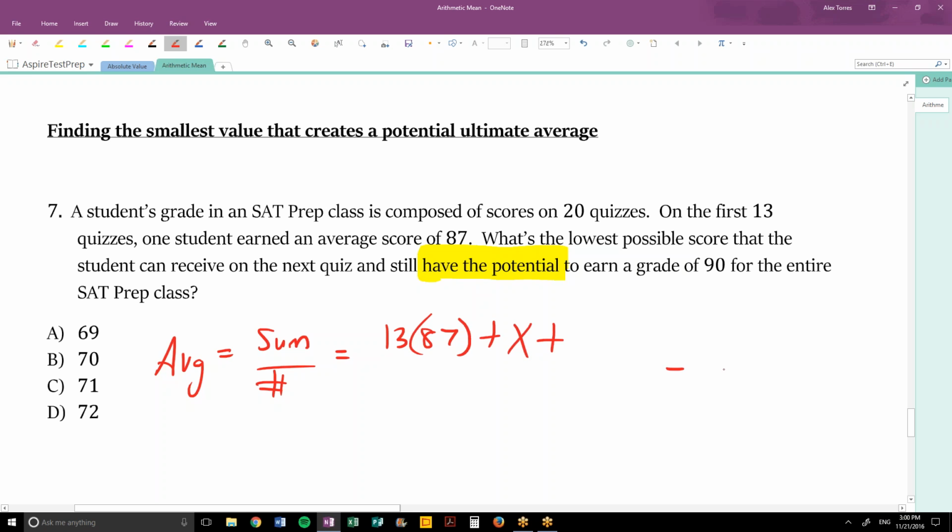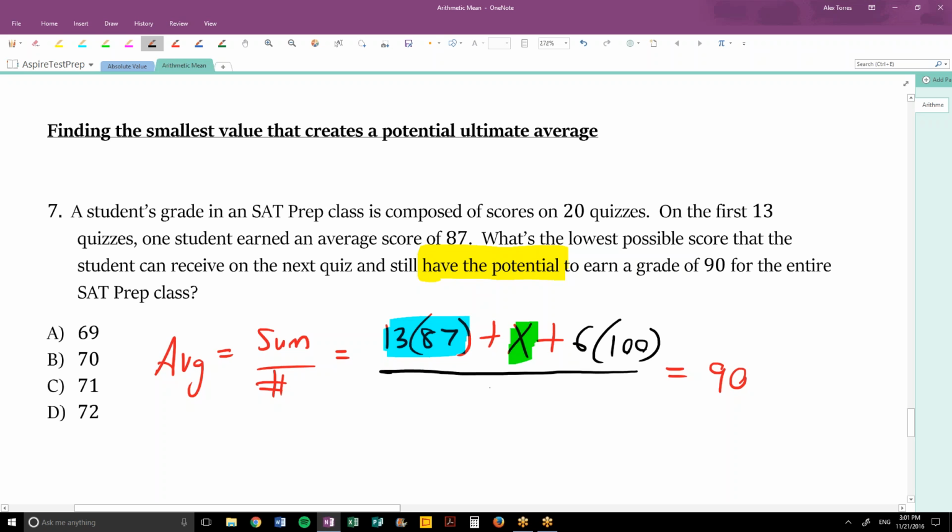Well, this whole thing is going to be equal to 90. But so far we talked about 13 tests here and one more test here, so we're up to 14 out of a whole 20, which means that there are 6 more tests where we have to imagine that we're getting a 100. Because like we said before, if we're dealing with the potential, we're talking about almost like a perfect world where you just think you're going to do perfectly from here on out.